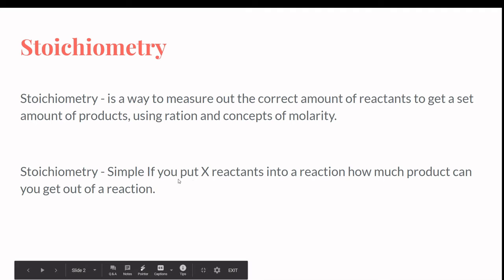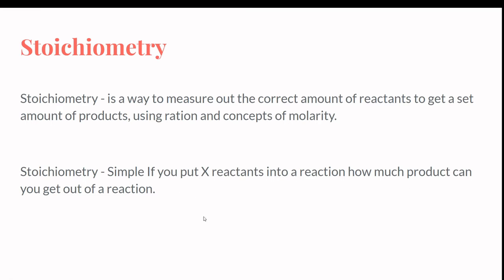And the simplified version: if you put X reactants into a reaction, how much product can you get out of that reaction? As I said before, this is going to sound a little bit complicated now, but once we put it together with food, it should help it coalesce in your brain a little bit more.